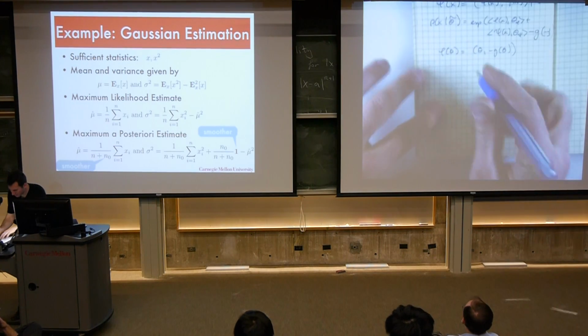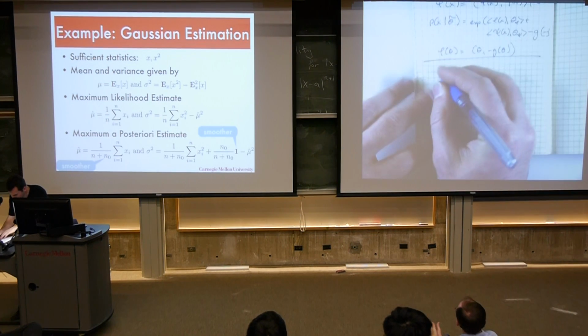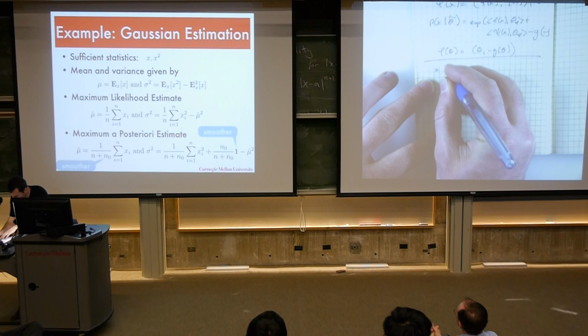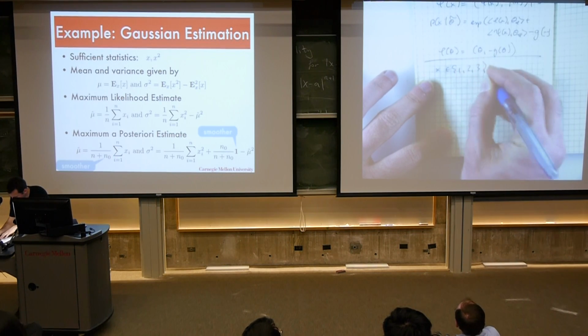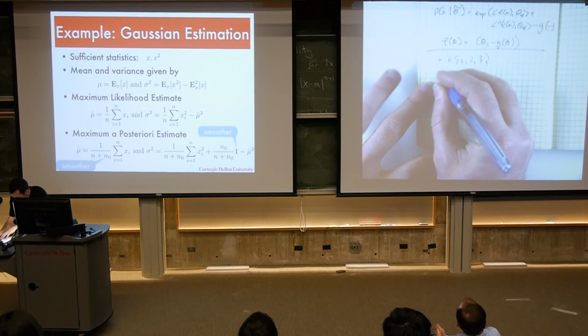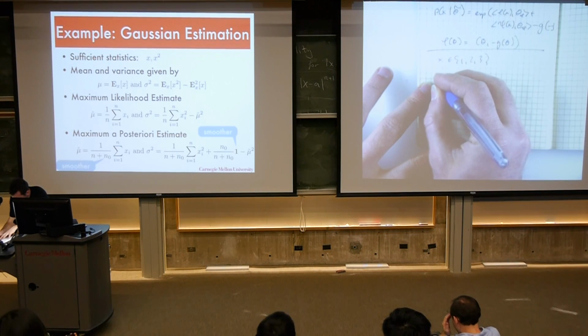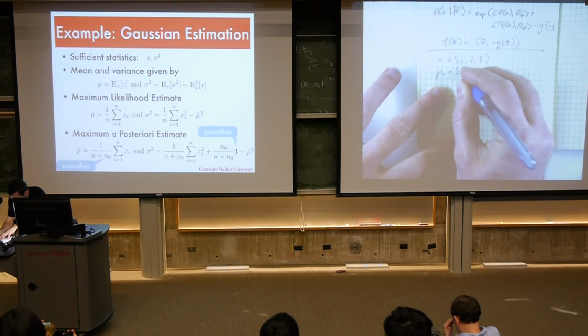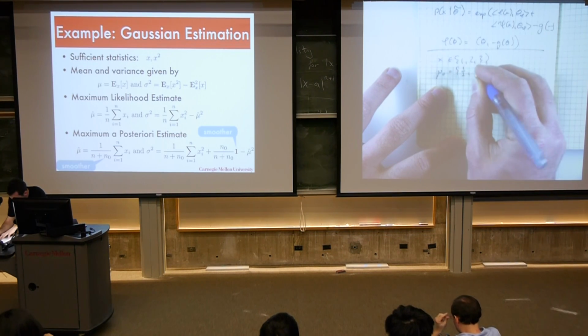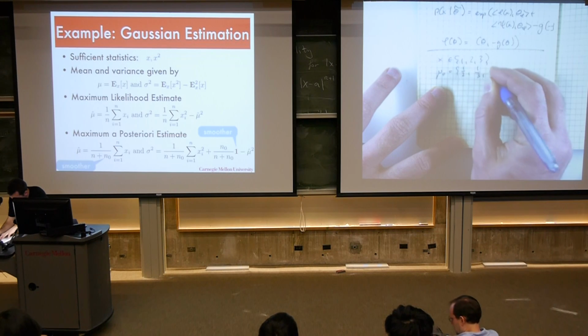Let's go through this for counts. Let's say I have x is in the set 1, 2, and 3. And let's say I pick my mu naught to be maybe 1/2, 1/3, and 1/6.